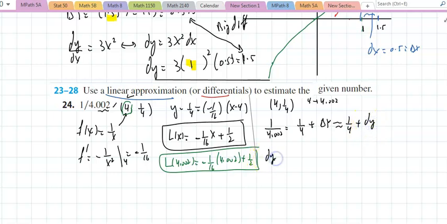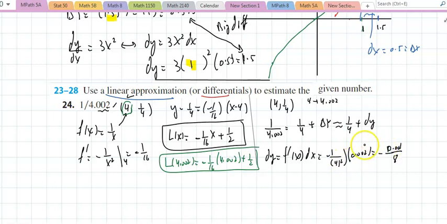What's dy? dy is f prime of x dx, which is negative 1 over 4 squared times dx. Negative 0.001 over 8.